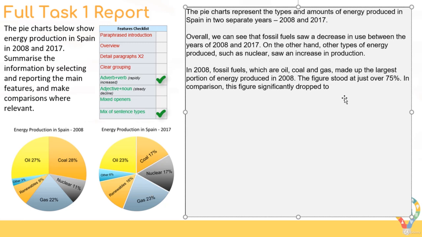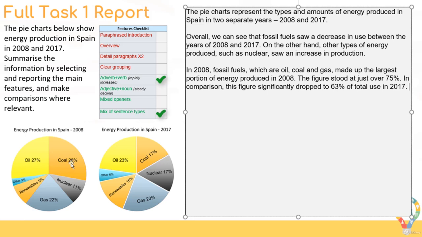Significantly dropped to 63% of total use in 2017. So I've given an overall picture of fossil fuels, which is my first group, and now I'm going to go into even more detail and discuss each type of energy separately. So let's start with oil.